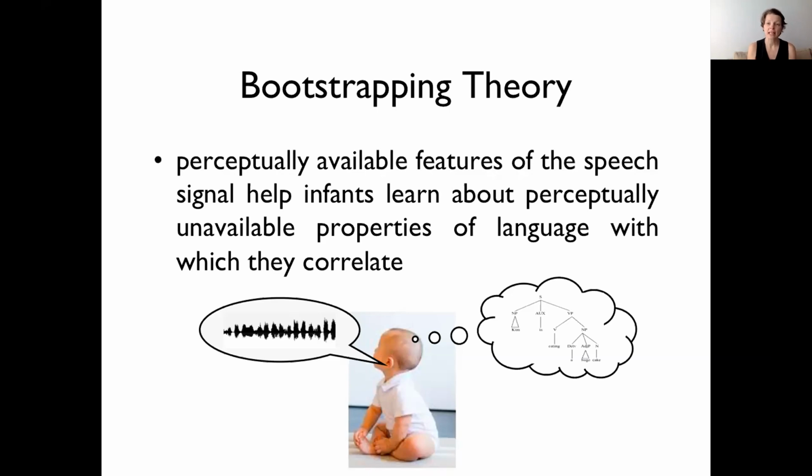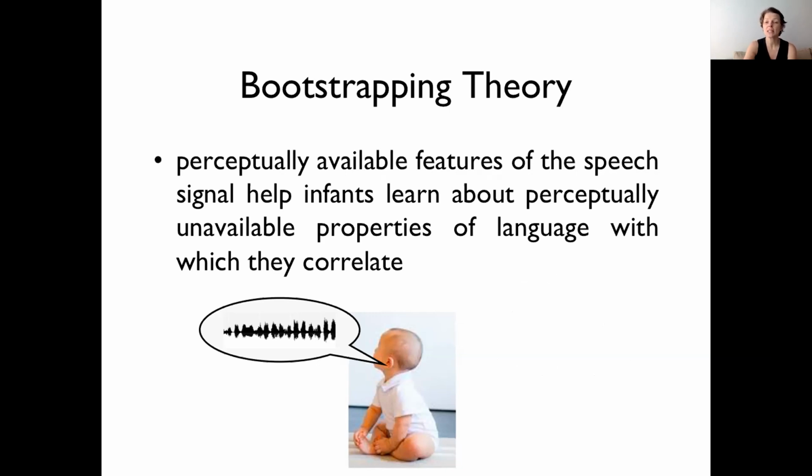This is a general idea in language development known as bootstrapping theory, namely that there are correlations in language between surface properties available perceptually to the learner and more abstract syntactic, grammatical, morphosyntactic properties. These correlations might be exploited by the learner. So you have the surface cues available in the input, and then you learn about the abstract cues on the basis of the perceptually available ones. Importantly, these are probabilistic or statistical or heuristic cues.